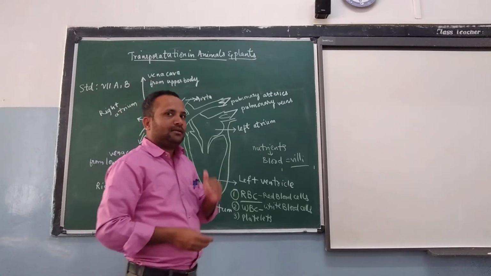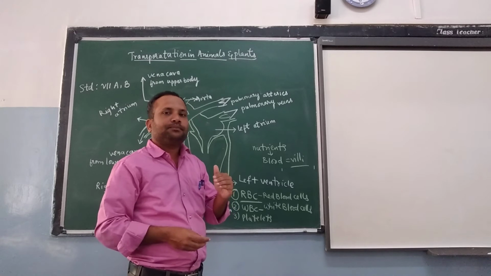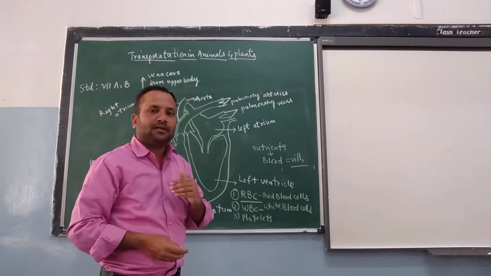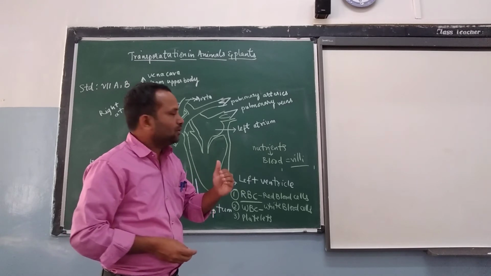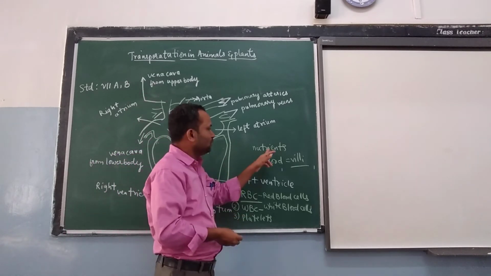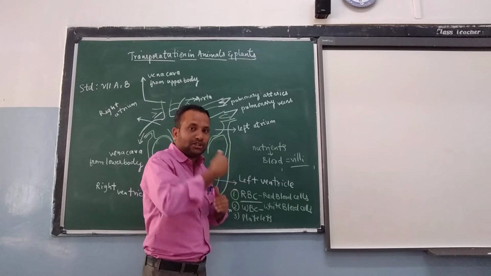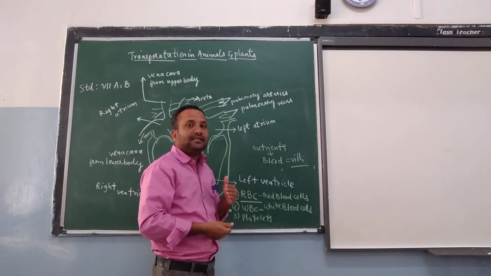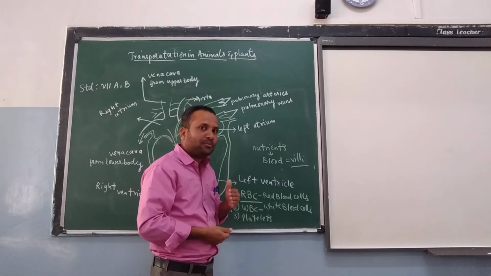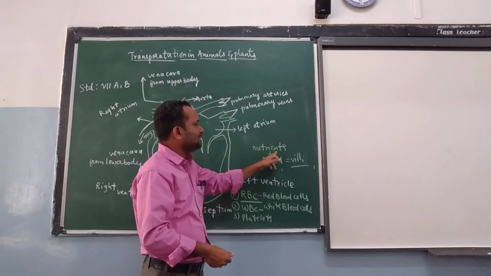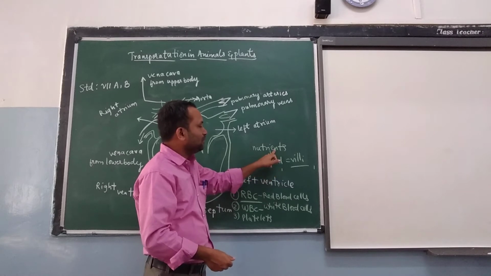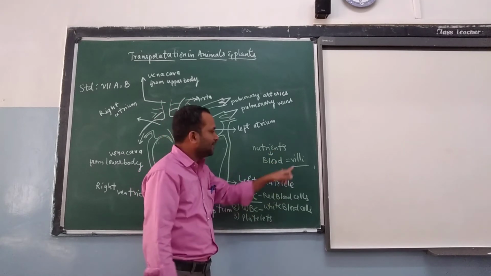So in the small intestine, after the food is digested, absorption of the food takes place. From the digested food it is converted to nutrients, and from nutrients it is converted to blood by villi.